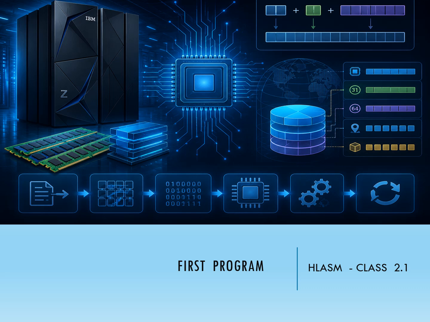So I have taken a very small program and I also showed you the object module, the object code, of that. The main purpose of this program is to tell you what we are doing at the entry of the program and at the exit of the program. Please go through it, and as I said, if you have any questions, put them in comments, and if you like it, please give a thumbs up.